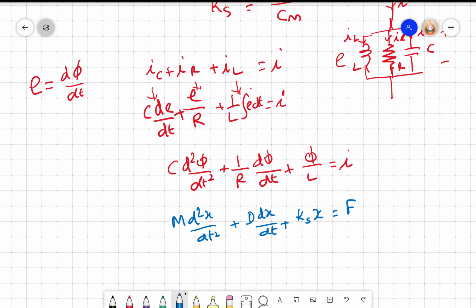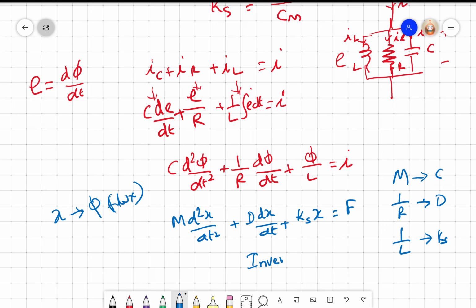But we see now the x, the displacement becomes flux phi, and mass becomes capacitance, 1 by R, or conductance, becomes the damping constant, and 1 by L is Ks. So this is known as inverse equivalence.